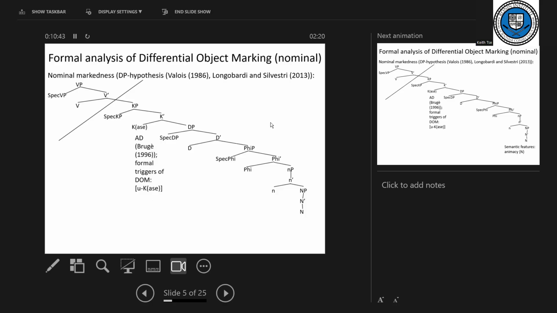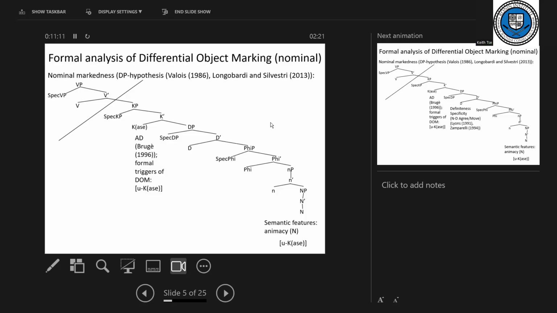We can trigger case by using uninterpretable K features. So these uninterpretable features trigger add. They select add in agreement. So the primary locus has got to be the semantic features of noun. So animacy. If noun is a human or animate, it can trigger Dom, as we saw in previous slides.